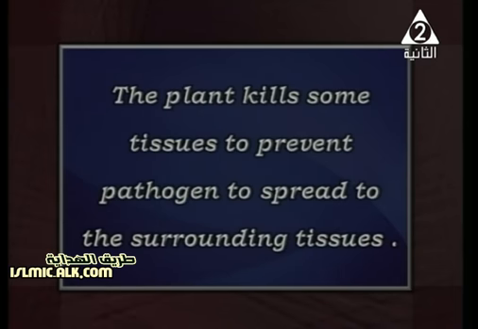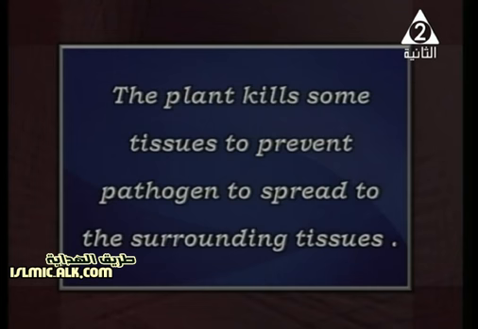So we have here an infected area in the plant, and the plant wants to remove it. But after removing the infected tissue, the plant is going to kill the infected and some healthy tissue surrounding it. All of that, why? To prevent the pathogen from spreading to the surrounding tissue.